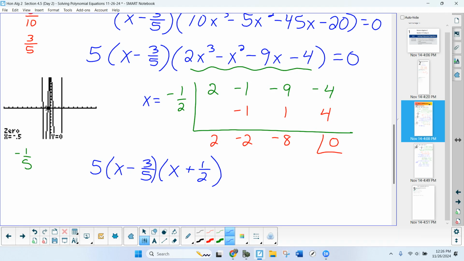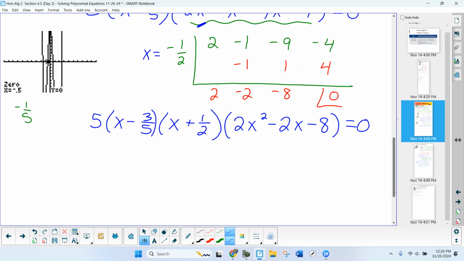All right. Now, we had x to the what? Third, so what's left? 2x squared minus 2x minus, holy cow. Do I have a GCF again? What can you pull out of this one? A 2.